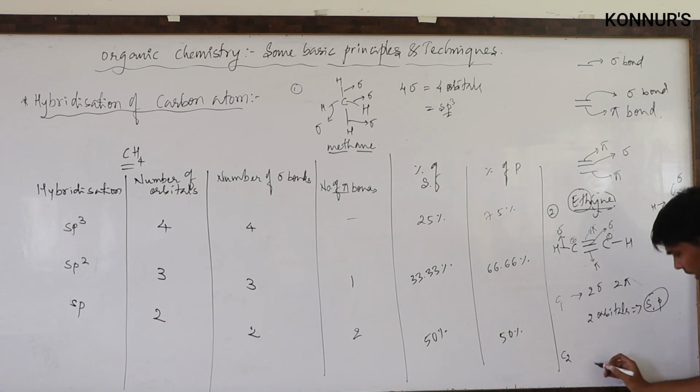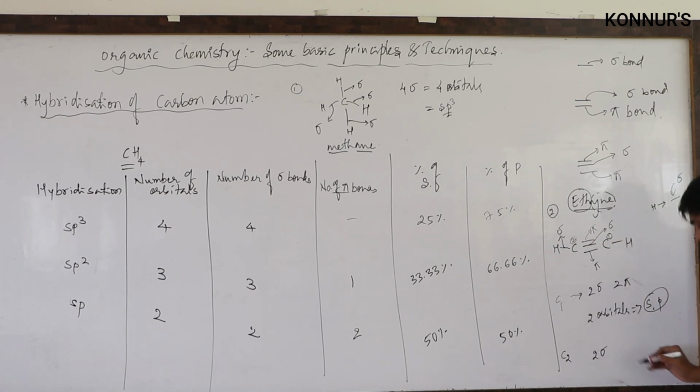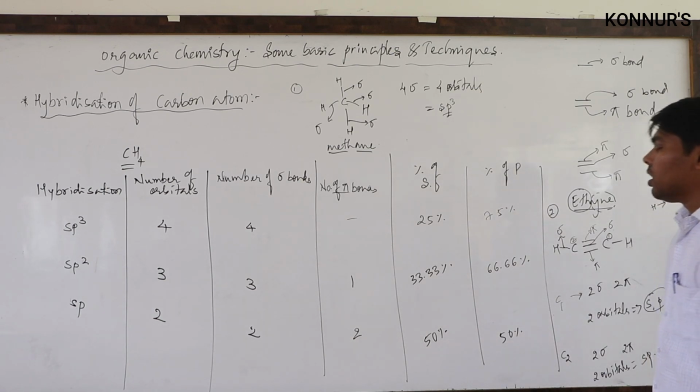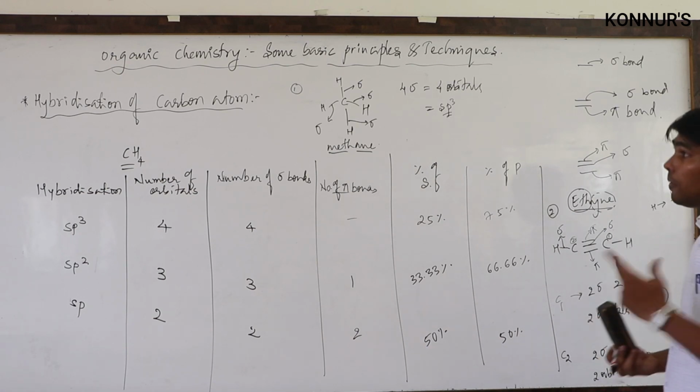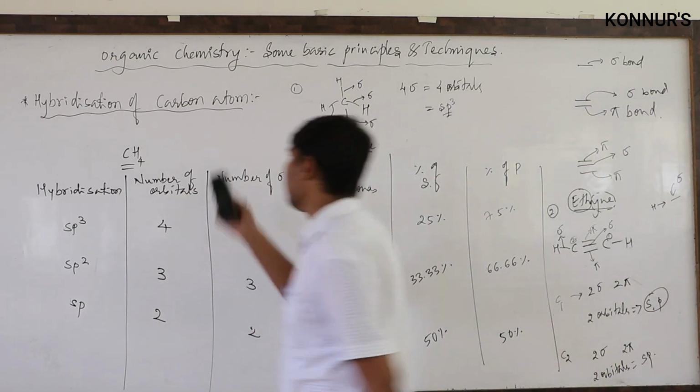So how many sigma bonds are there? 2 sigma. How many pi bonds are there? 2 pi. And 2 sigma bonds means 2 orbitals become sp hybridized.